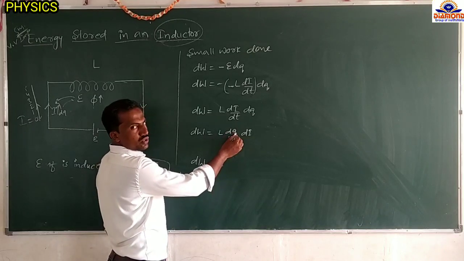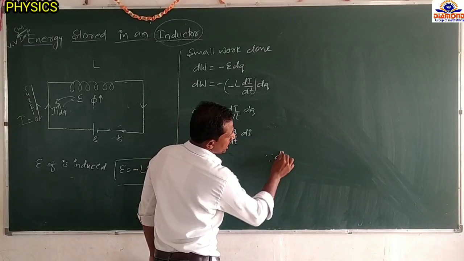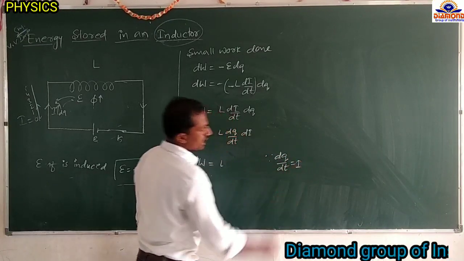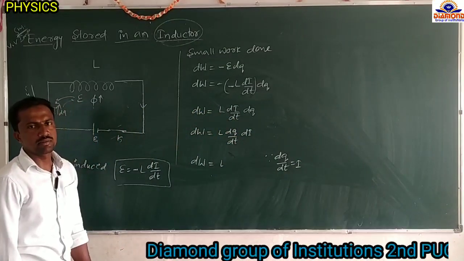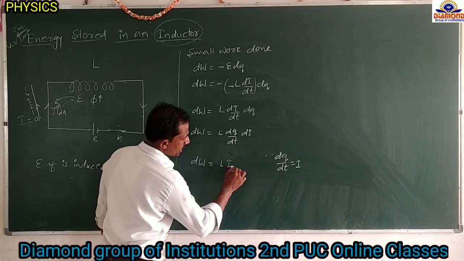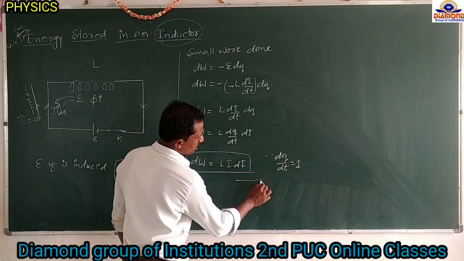What is dq? Charge. What is dt? Time. As you already know, the rate of flow of charge is called current. dq by dt means I. We write I in place of dq by dt, so dW equals L I di. It is our equation number 1.